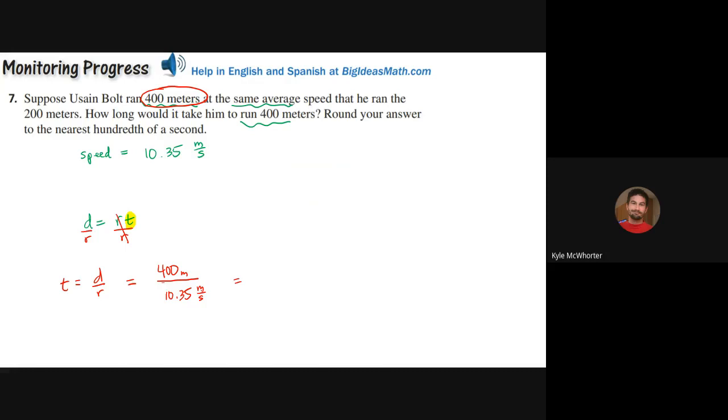M divided by M is 1 no matter what. And then you have seconds in the denominator. When you divide by something in the denominator, that turns into multiplication. You remember dividing by a fraction is the same as multiplying by the reciprocal. So our units are going to be in seconds because the meters cancel out. And then we just have to do 400 divided by 10.35.